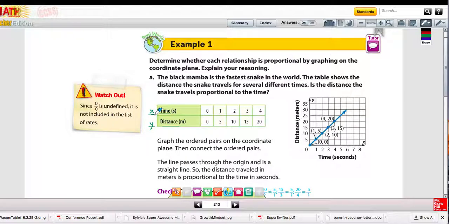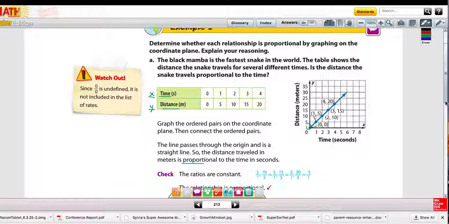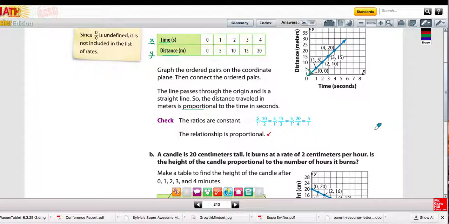The table says to graph these points on a coordinate plane. We did that, and we connected the points, and because it makes a straight line and passes through the origin, we have a proportional relationship. The ratios are constant, and so the relationship is proportional.